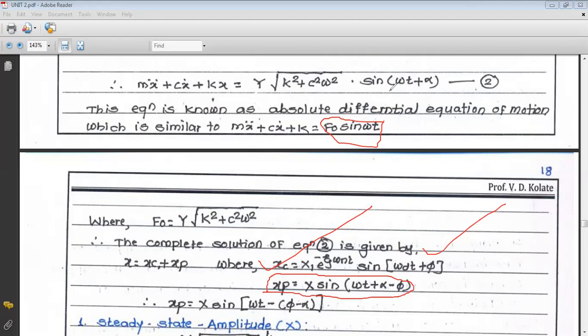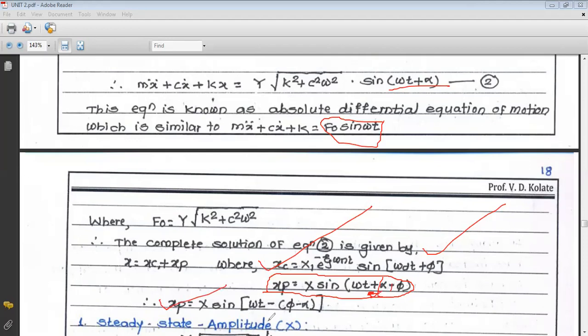There is the term sine of omega t plus alpha. So we have to put this omega t as omega t plus alpha and minus phi. If you take minus sign common, the value becomes plus and alpha becomes minus. So your particular integral xp is equal to x sine of omega t minus in bracket phi minus alpha.